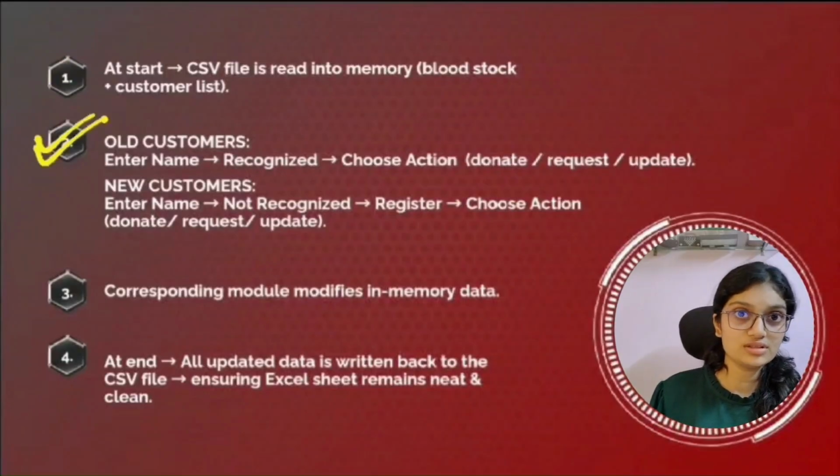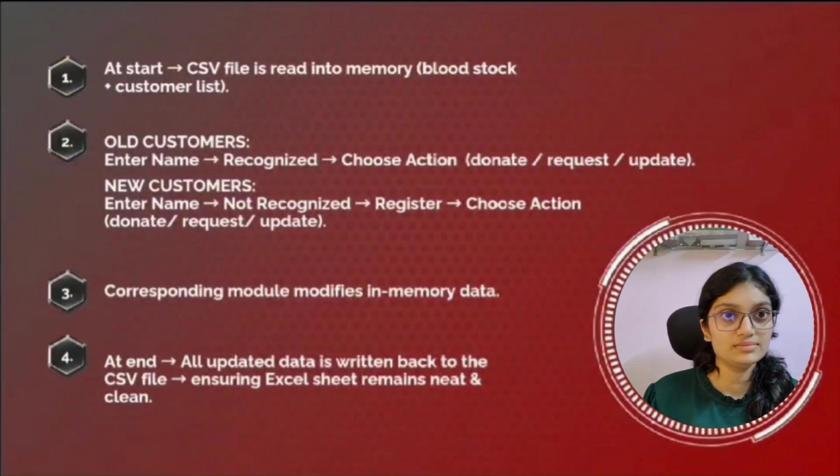If the name matches the data that is read from the CSV file, then the customer is an old customer, and then the program automatically retrieves all the other details of the customer so that he does not have to re-enter all the details. And then the customer is free to choose out of the three actions he or she wants to continue with.